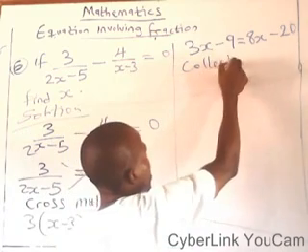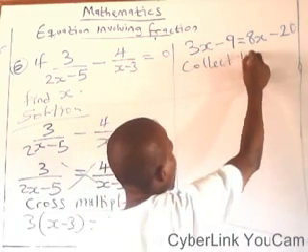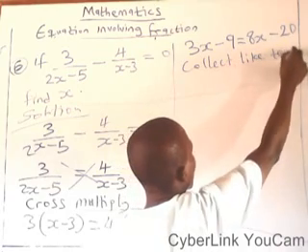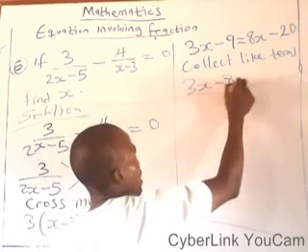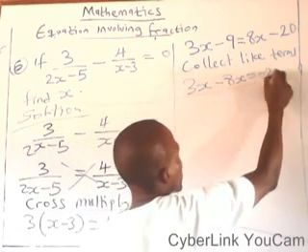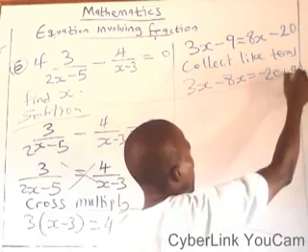When we collect like terms, we now have 3x minus 8x is equal to minus 20 plus 9.